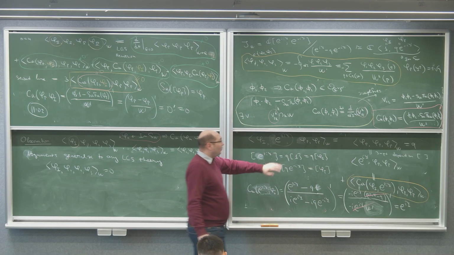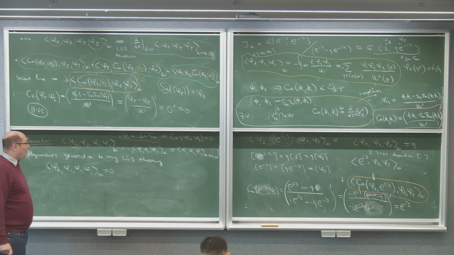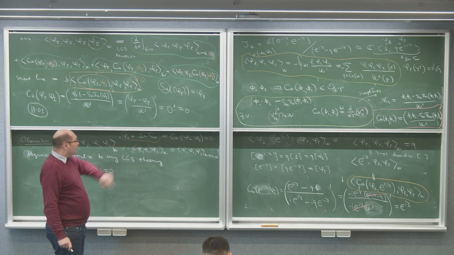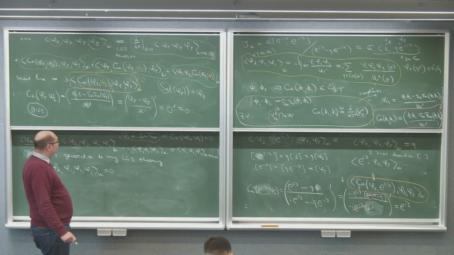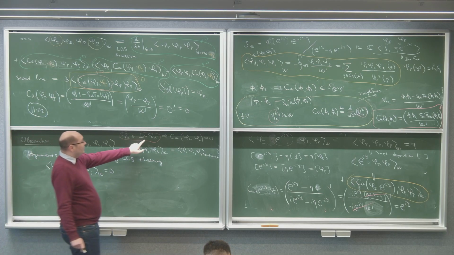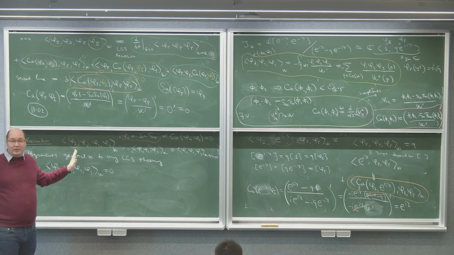So the answer for this 4-point function is q. That illustrates the importance of this condition: the 4-point function with identity insertion vanishes only if the other 3 observables are from the image of a good section. If they are not, then this thing is generally non-vanishing.